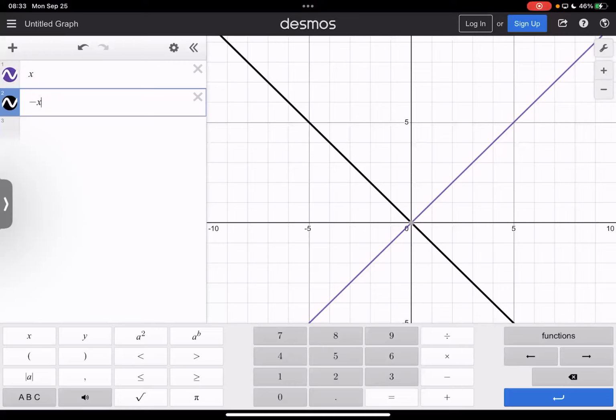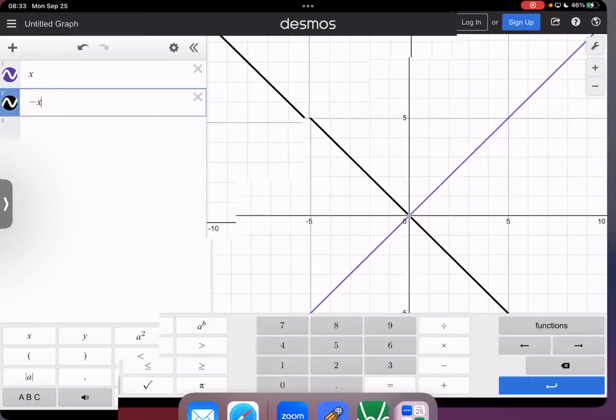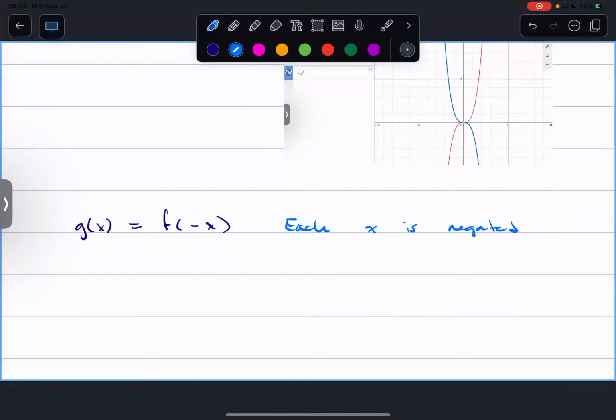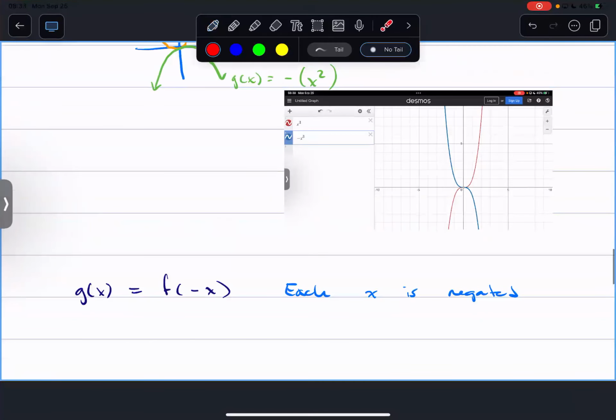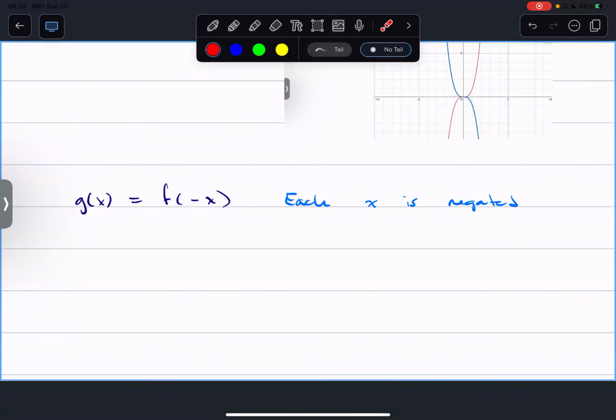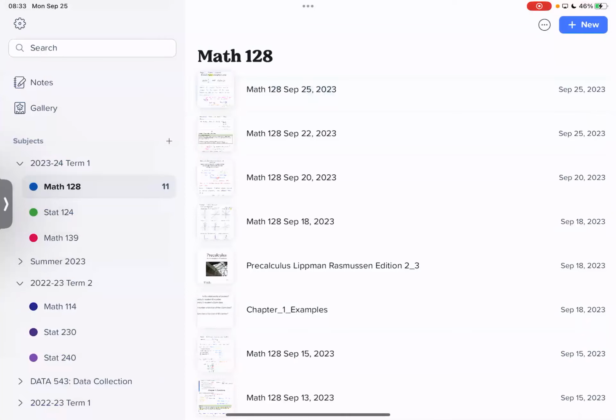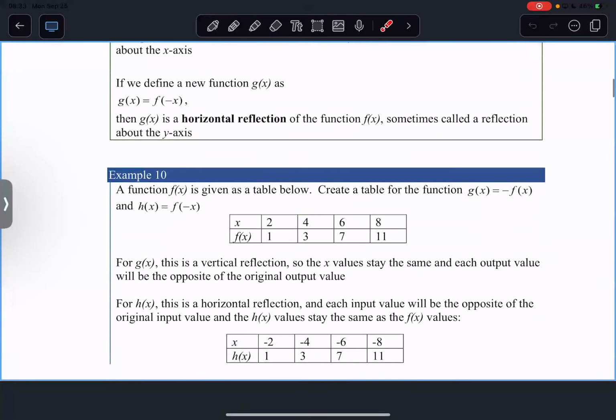We need bigger functions to be able to see it, but I don't want to do that quite yet. They're not the same, but they look the same.